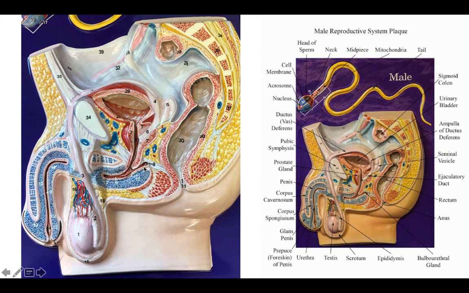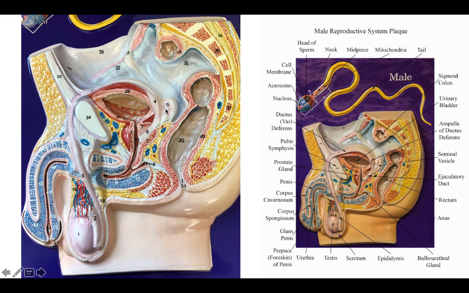So the first one we're going to talk about is the seminal vesicles, because, one, they're kind of first in the pathway, right? And two, they're going to make up about 60% of the fluids that make up semen. So it's a very important gland for the production of semen.